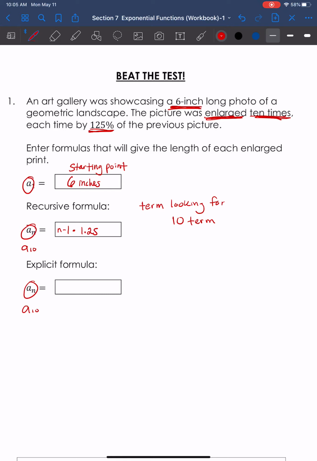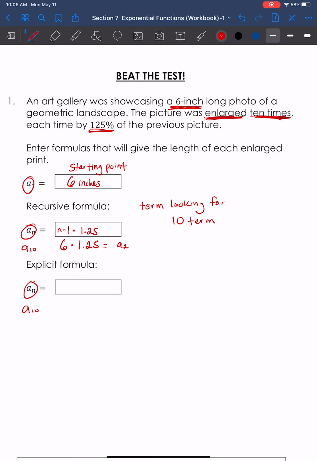So you're going to take whatever the previous term was. For our first one, it would be 6 times 1.25. You would find out what that is, and that would be your A2. And to find A3, you would take whatever that is and multiply it by 1.25 and do that all the way until you get to A10.